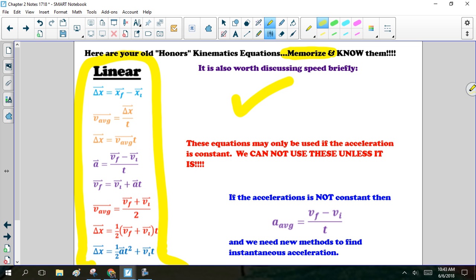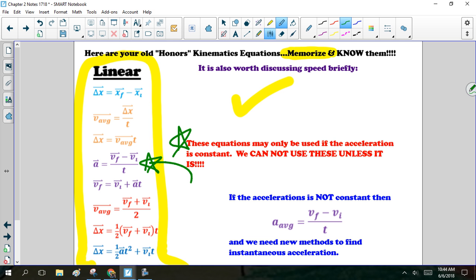Some of these equations on this list can only be used if the acceleration is constant. Let me mark those with, how about a green star? These equations can only be used if the acceleration is constant. This equation allows you to find the acceleration if the acceleration is constant.